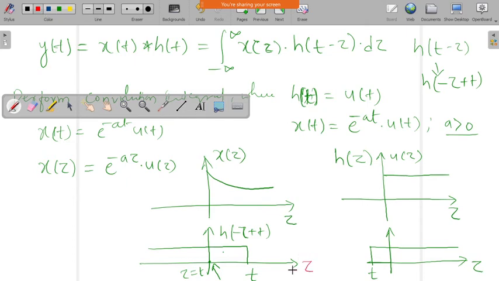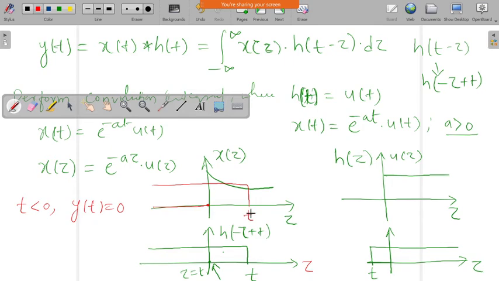So the first case is whenever t is less than 0. You can see that with t less than 0, your y of t will be equal to 0, because there is no overlapping signal. Whenever t becomes greater than 0, this signal overlaps somewhere here.